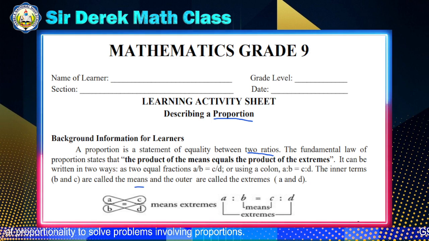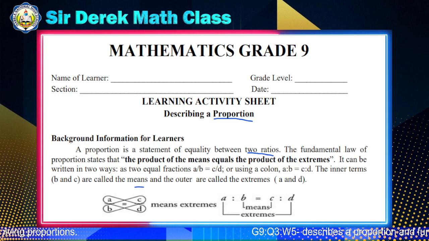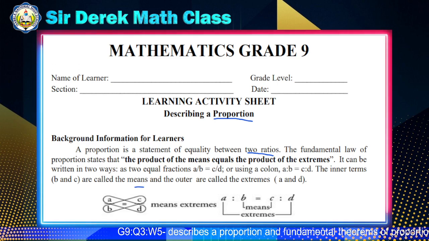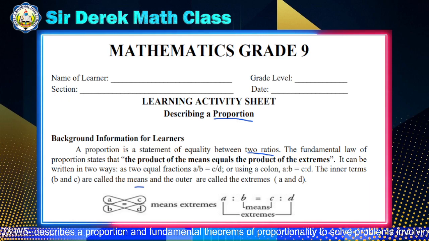But before we proceed, this given proportion is read as 2 is to 5 as 4 is to 10. Or you can read this as a fraction, like 2 over 5 is equal to 4 over 10. This is also considered correct.